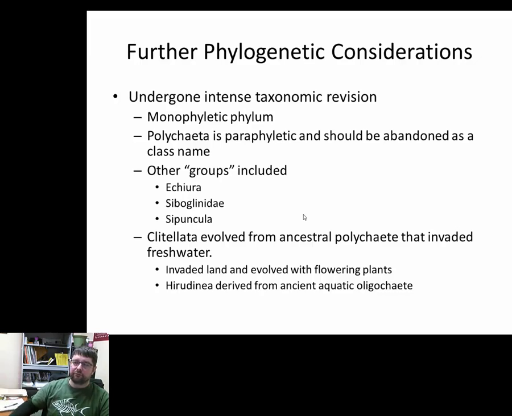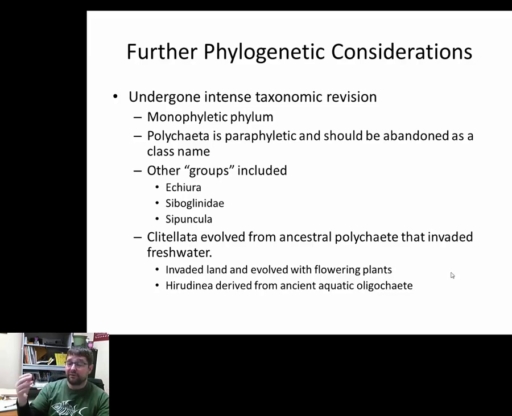And then Hirudinea, the leeches, derived from aquatic oligochaetes. So you've got this progression. We know at least some of the phylogenetic connections, some of the evolutionary connections between polychaetes, oligochaetes, and Hirudinea.